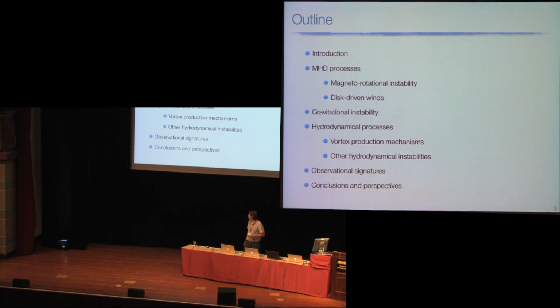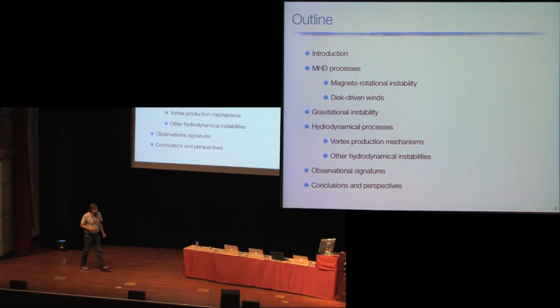Now, let's go through the outline of this talk. I will concentrate on class 2 objects, so mainly disks around T-Tauri stars. First, with a very broad introduction to the problem of transport in disks. Then I will talk about MHD processes, and in particular, the well-known magnetorotational instability.